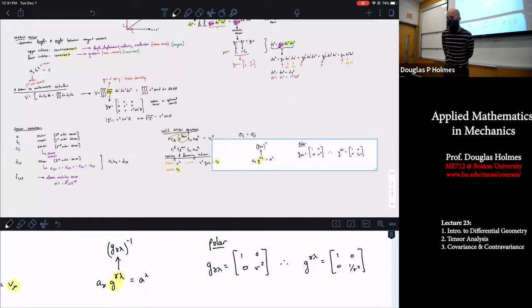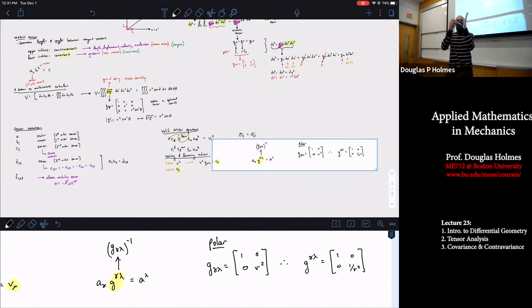Yeah, so I think of it this way. If we're used to measuring contravariant components of a vector, what we do is we look at the projection perpendicular to the basis vectors.